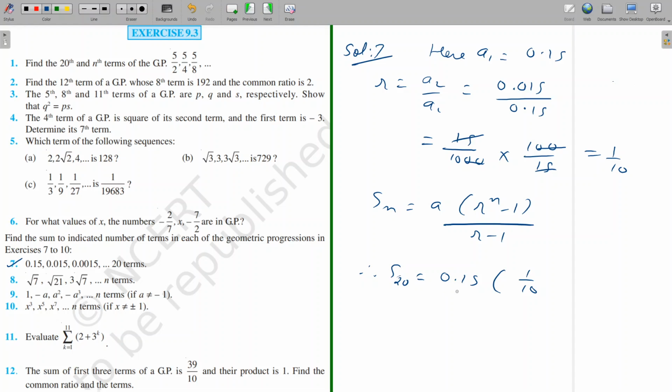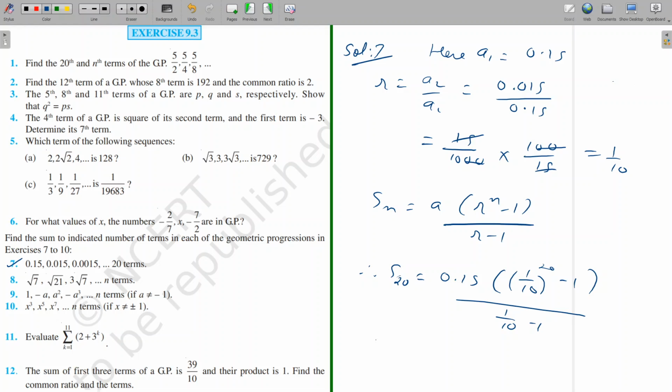So S20 equal to 0.15 into 1 by 10 raised to 20, minus 1, over R minus 1, that is 1 by 10 minus 1. So we'll simplify this.